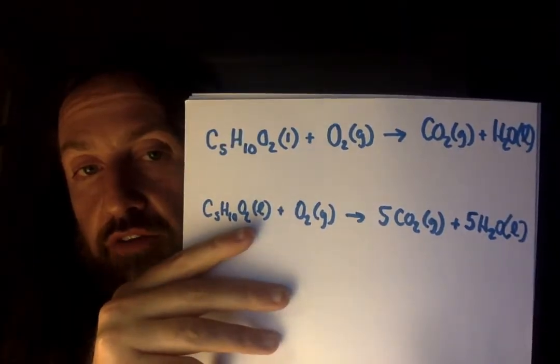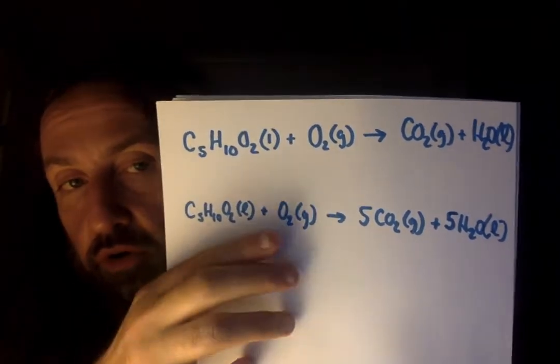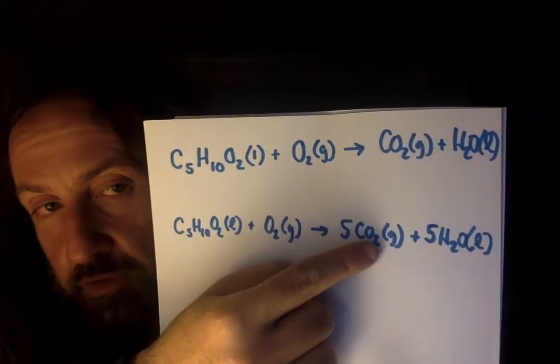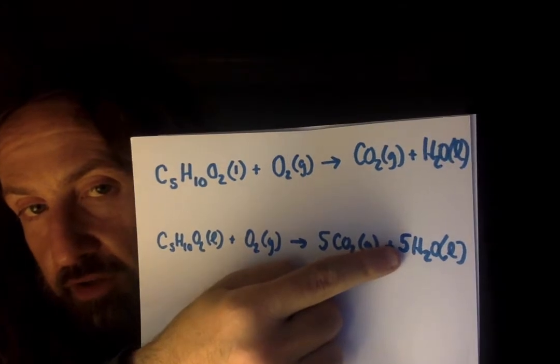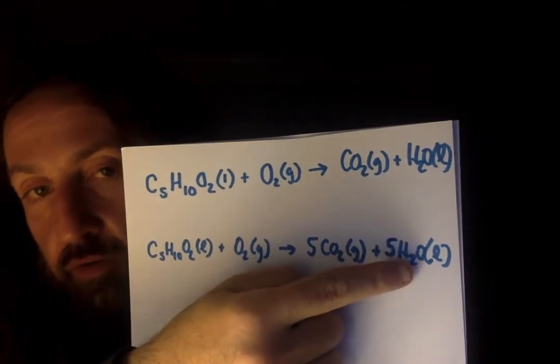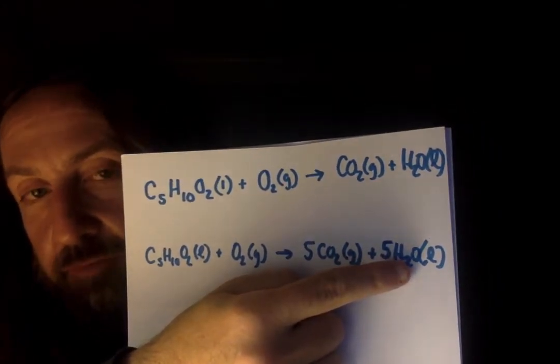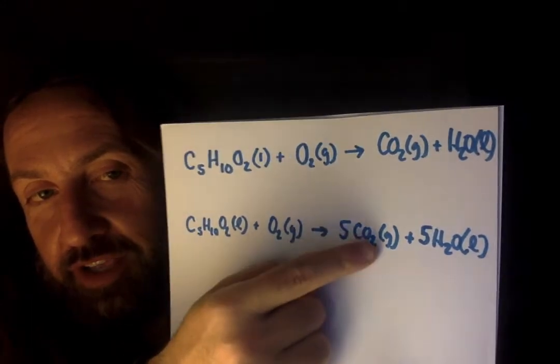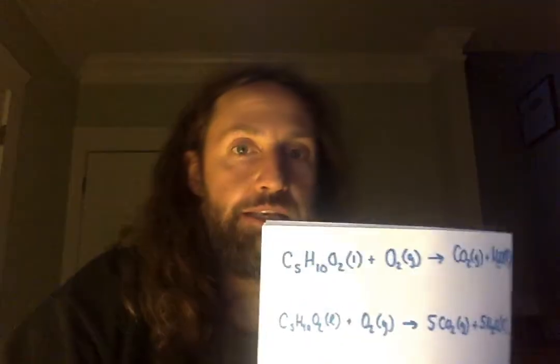So right now I've got 2 and 2 is 4, as we said, but over here I've got 5 times 2 is 10, plus another 5. Oh, bunk. Okay. So 10 and 5 is 15.